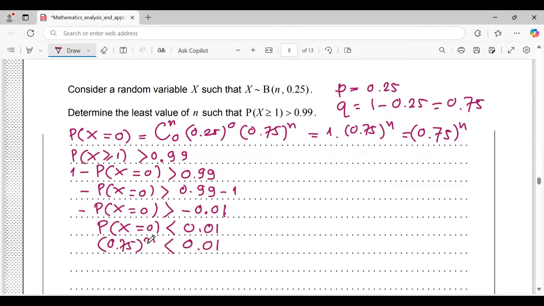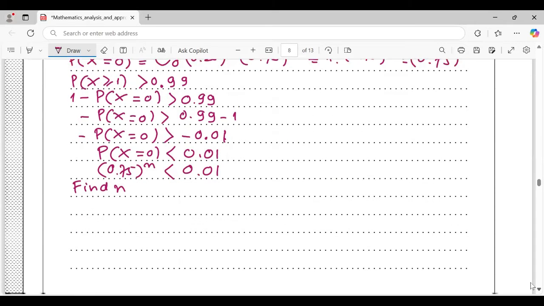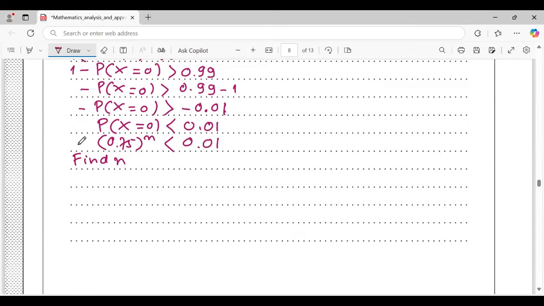Now let's find n. Find n this way: 0.75 power n equals 0.01. We can set it like this and use logarithms.